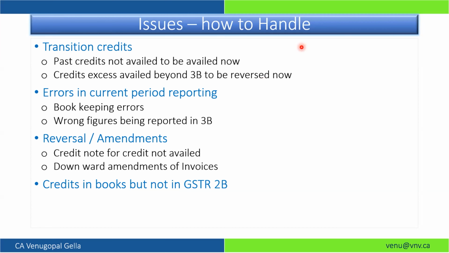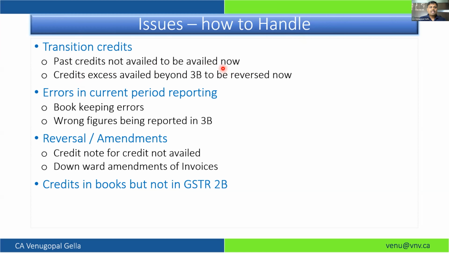Sir, these changes are starting from the August 22 return, correct? Yes, these changes apply to the August return being filed now. There are some ITCs which were already received in the earlier period, but the accounting entries we have taken in the current August month. These are the transition credits, the first one: past credits not availed, to be availed now.